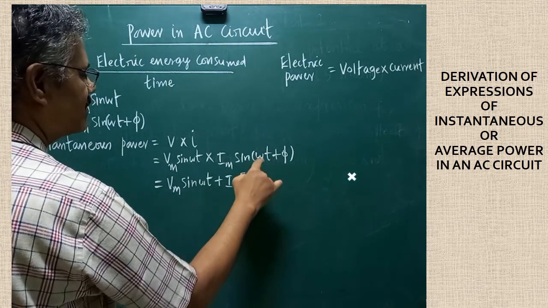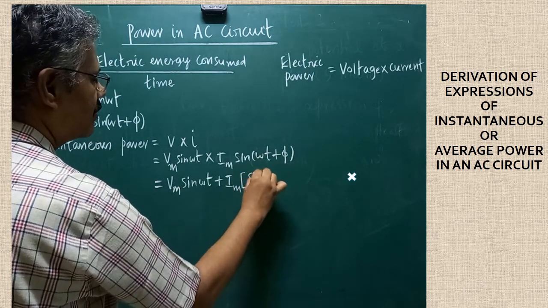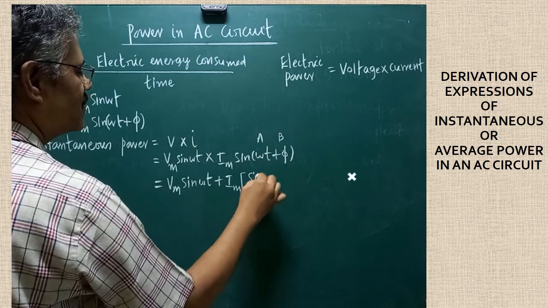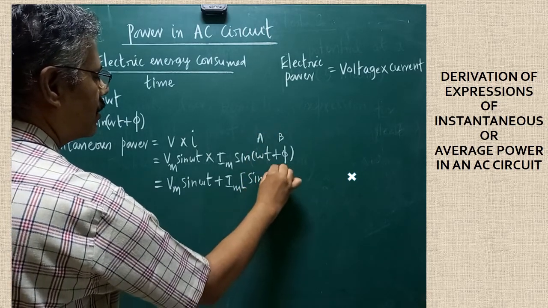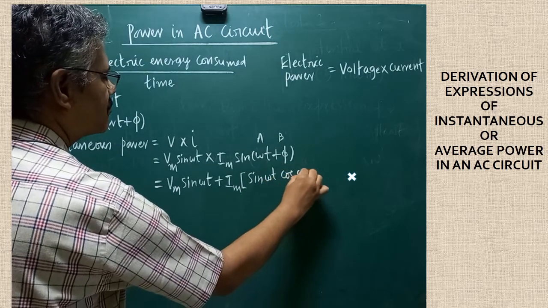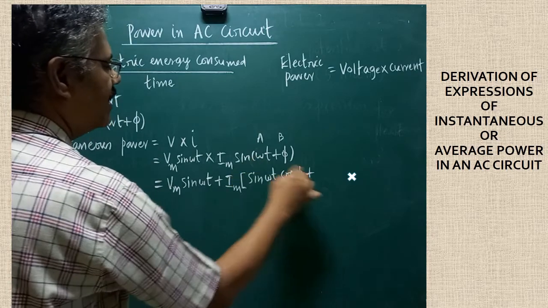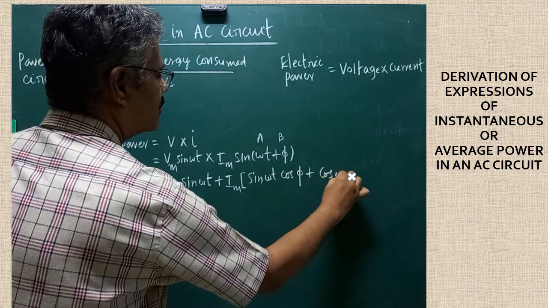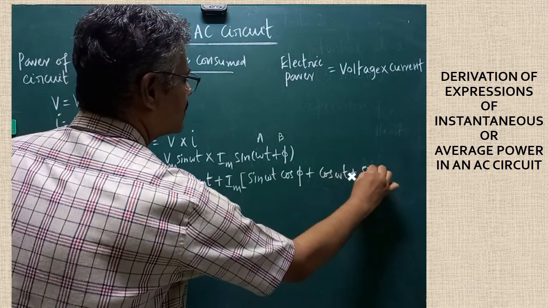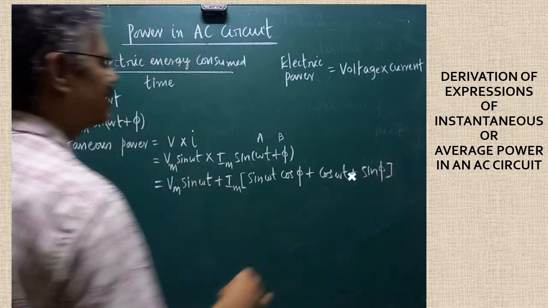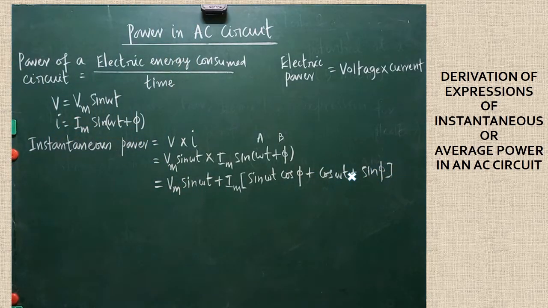Sine A plus B is sine A cos B plus cos A sine B. This one looks like A and this one looks like B. So in that format, this is to be written.